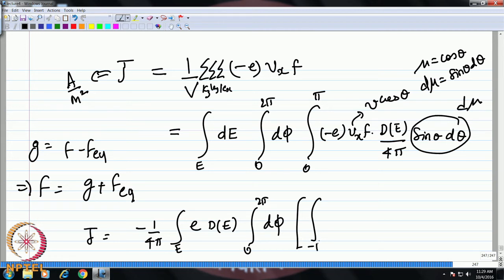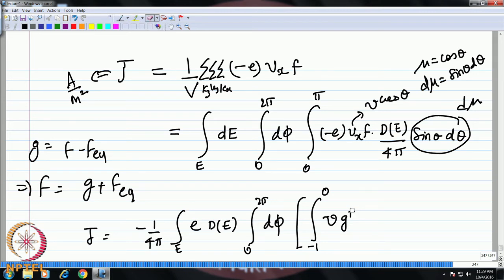So, I can break this minus 1 to 1. So, minus 1 to 0, okay, V of x or V times G plus G minus here, okay, minus 1 to 0 indicates the negative cosine.